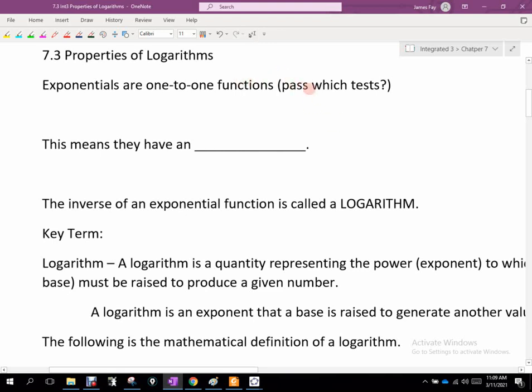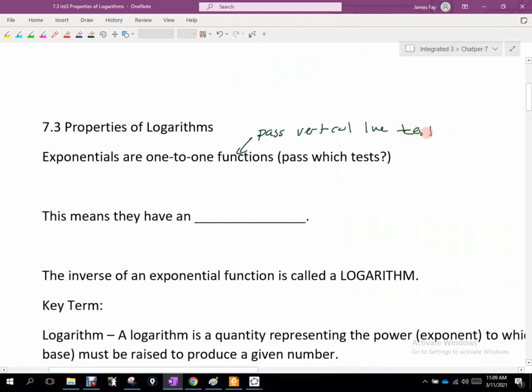Exponentials are what we call one-to-one functions, which means, because they're functions, they pass the vertical line test. You guys remember that? Talking about the vertical line test. Basically it means that every x value has one and only one y value.